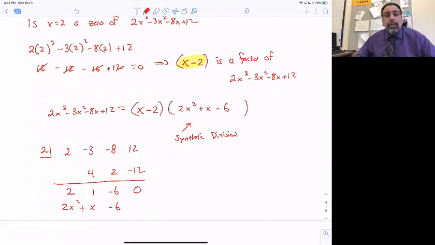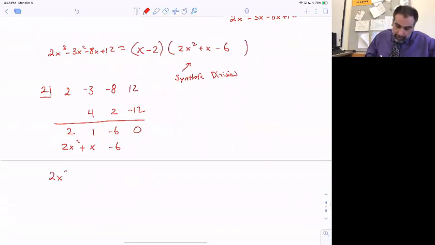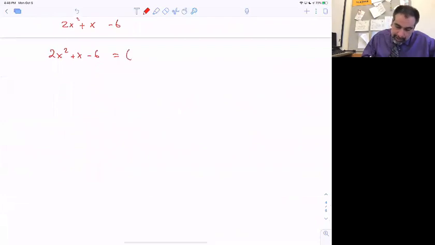Well, you could continue to use guess and check. You could keep going, or you can use any method of factoring you want on this. So if I'm factoring 2x squared plus x minus 6, I'm going to just factor this the old-fashioned way. I'm going to look at this and break it up, and see if I can get lucky with some guessing and checking, okay?